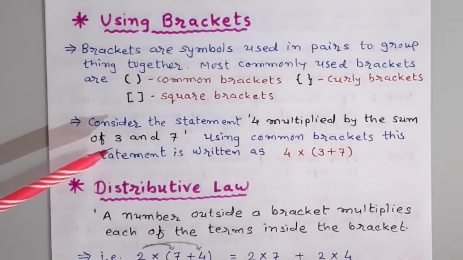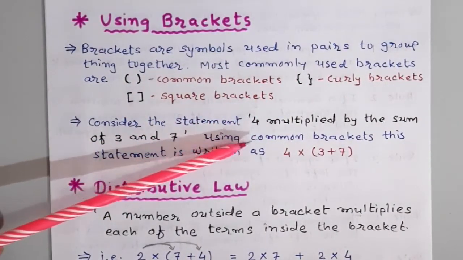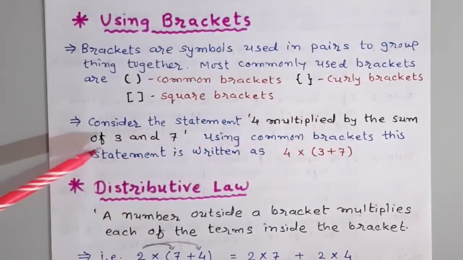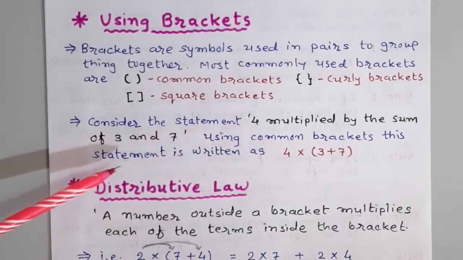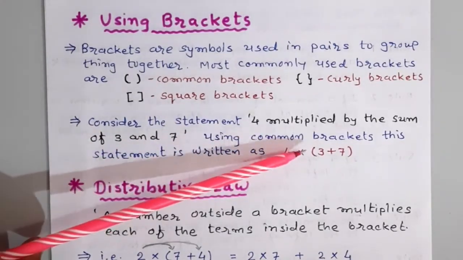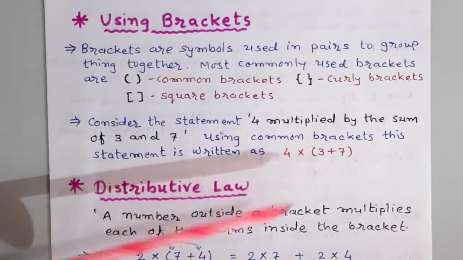Now consider a statement: 4 multiplied by the sum of 3 and 7. Using common brackets, this statement is written as 4 multiplied into the bracket 3 plus 7.